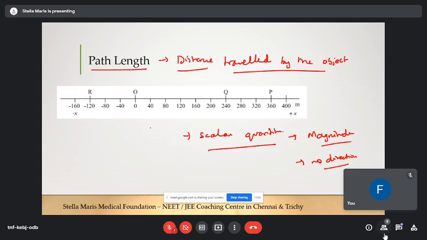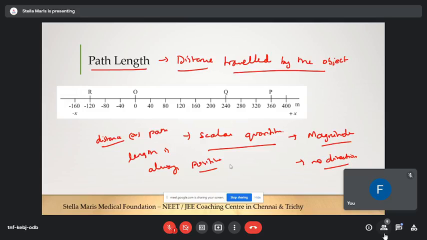That is upward, downward, forward and backward. Upward is positive, and forward is also positive. Downward is negative, and backward is negative. So there are only two directions, plus and minus. Distance is always positive because it has no direction, and has only magnitude.